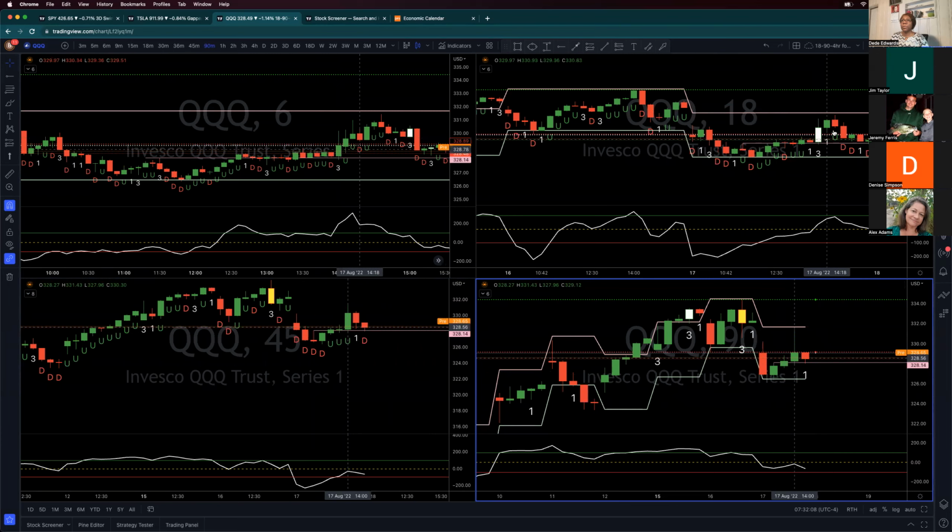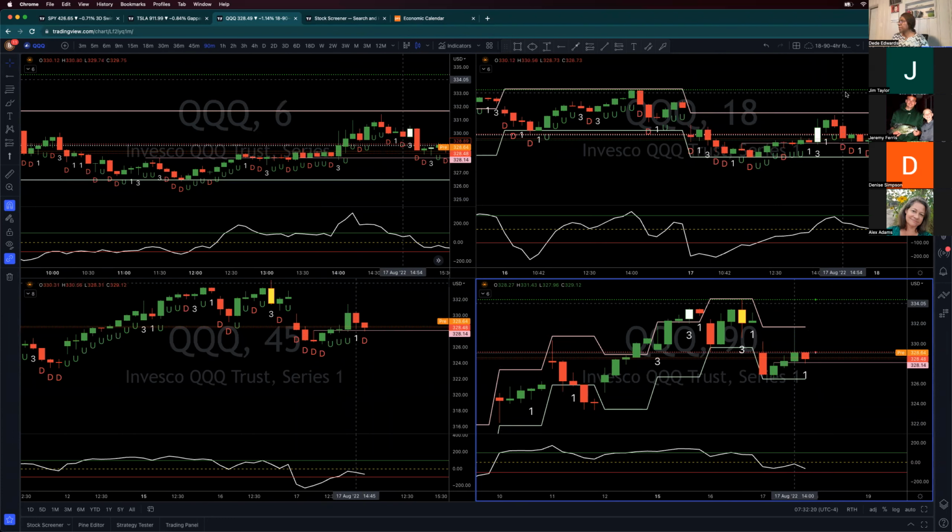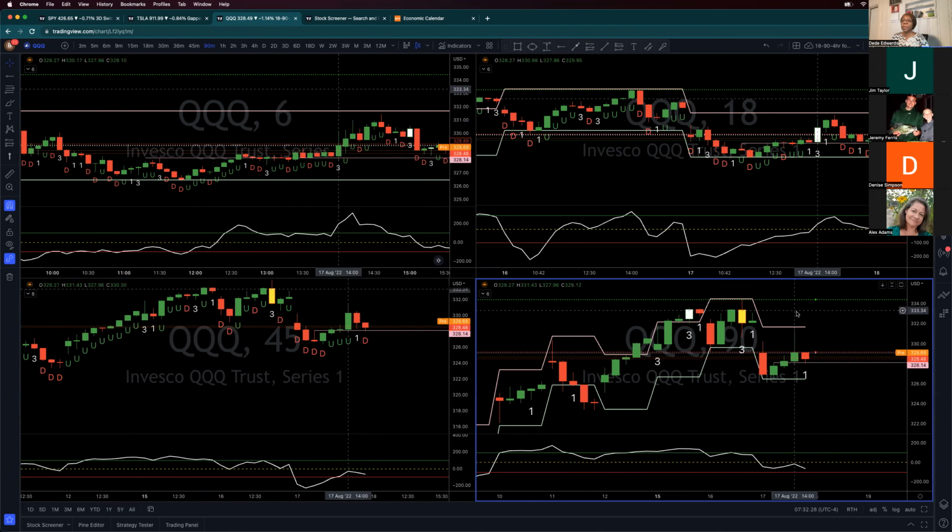All right, and so now you're looking at your 45-minute flip. We're looking at our 18-minute for our signals using our 45-minute flip. So 245, potential reversal, but keep in mind, big 90-minute candle here.